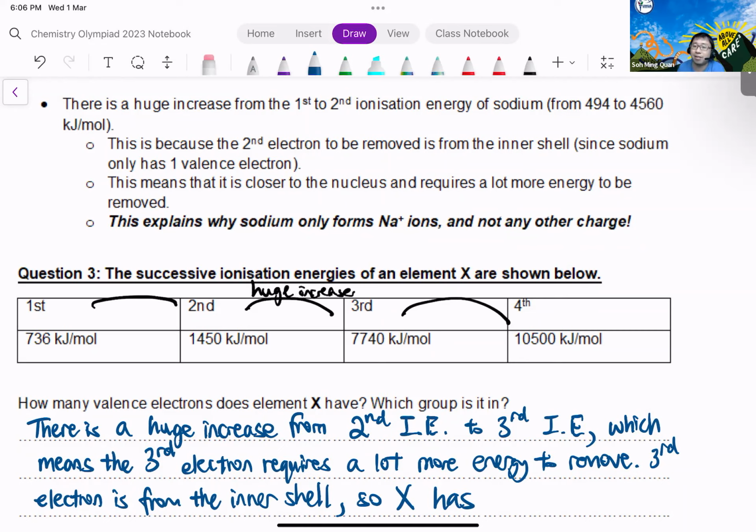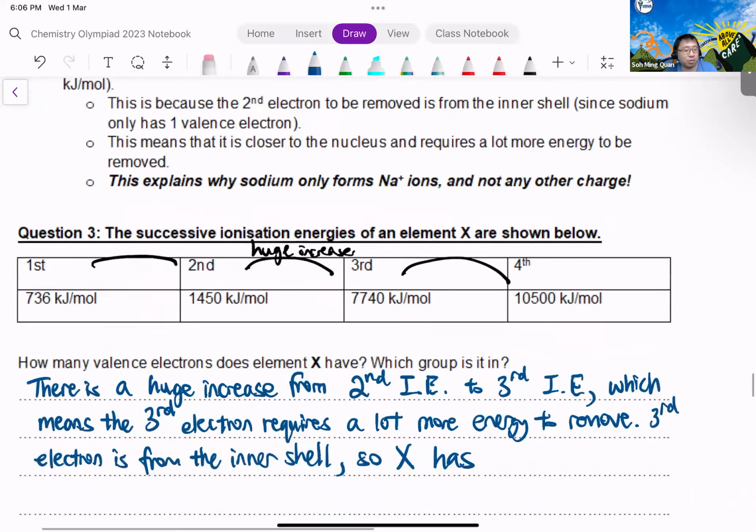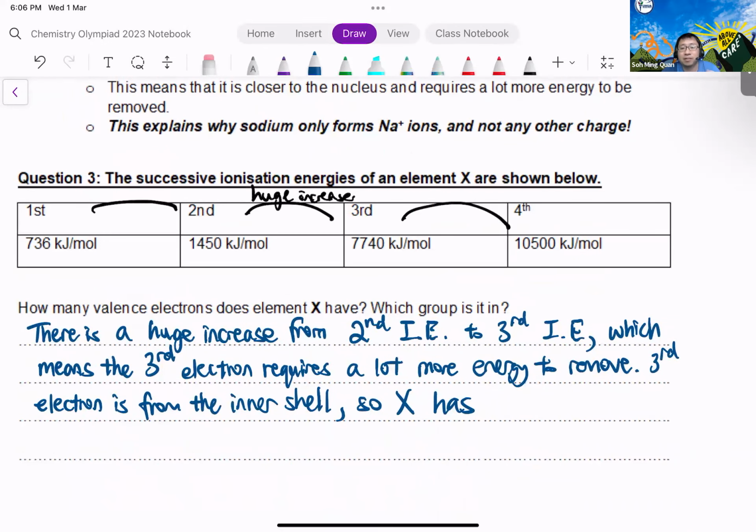Can someone type in the chat? How many outer electrons does X have? Maybe Tiha, or Sydney, you can type in the chat, based on what Mr. So has written.